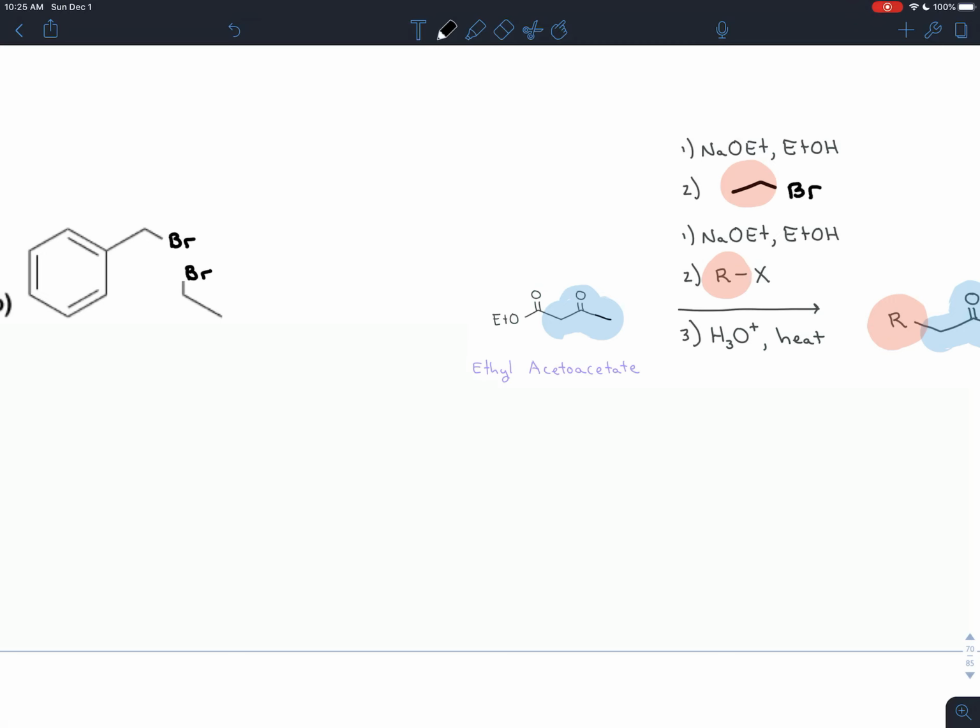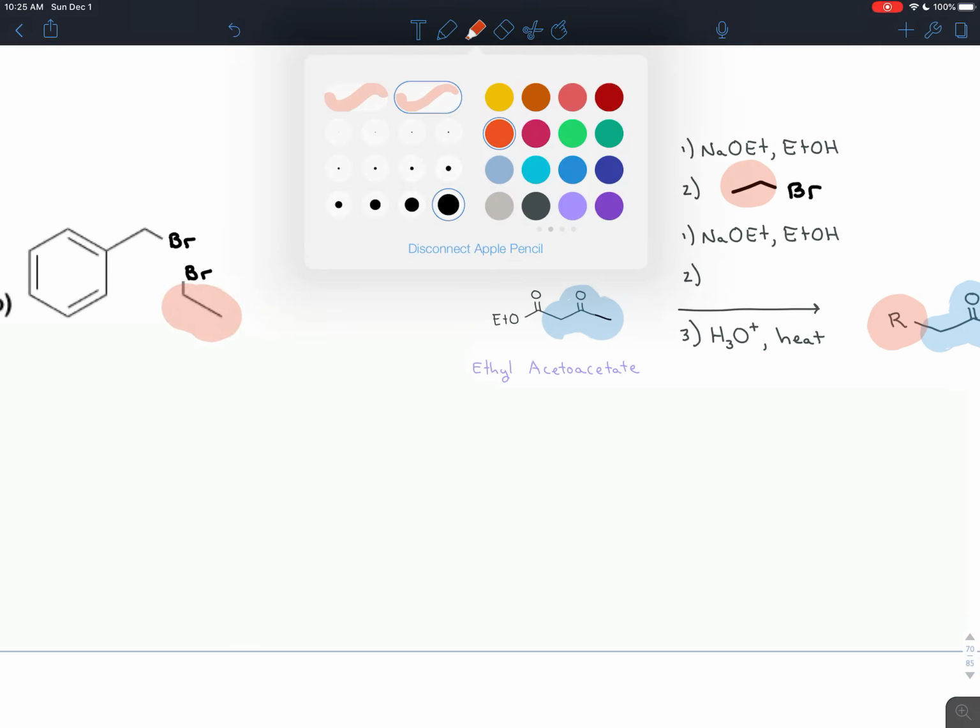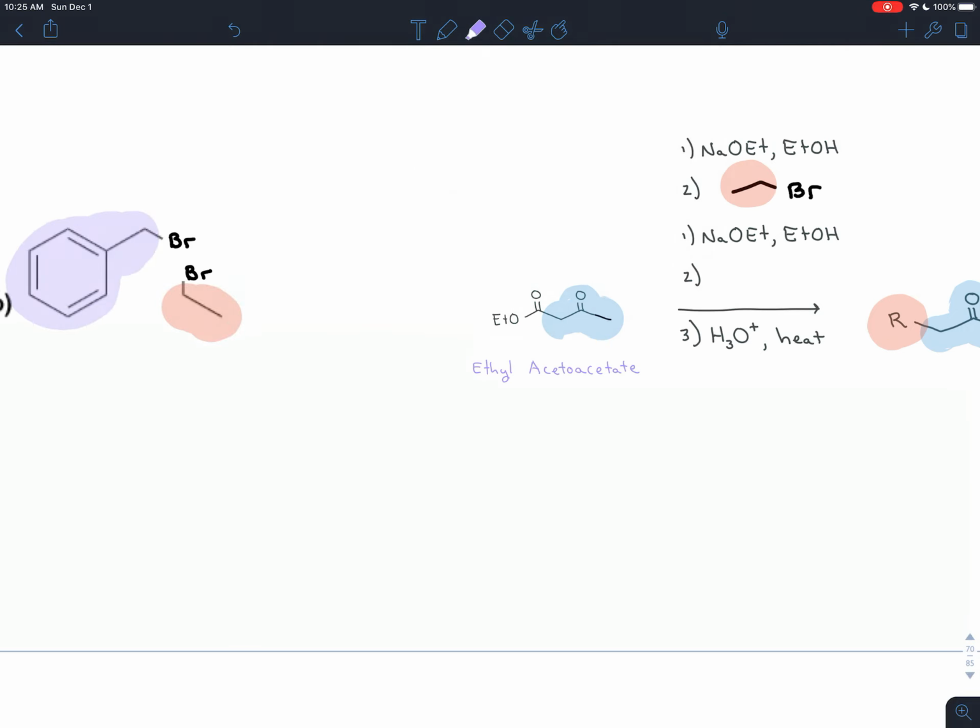Sodium methoxide and ethanol will rip the second alpha hydrogen off here, turn that into a nucleophile again, and then you can treat it with your second alkyl halide. And so, if this was our first one, use a different color for the second one. Purple here, that will be our second alkyl halide, so I'll draw that in.